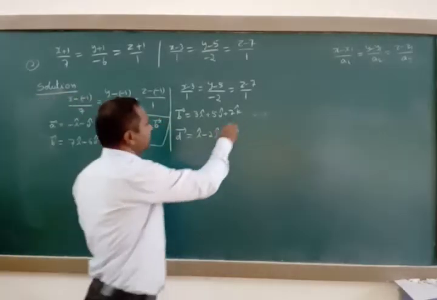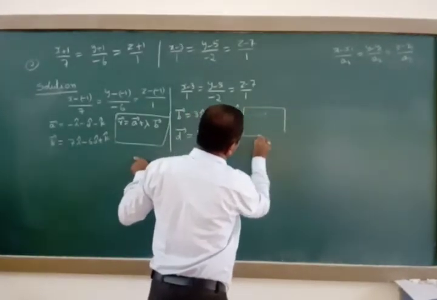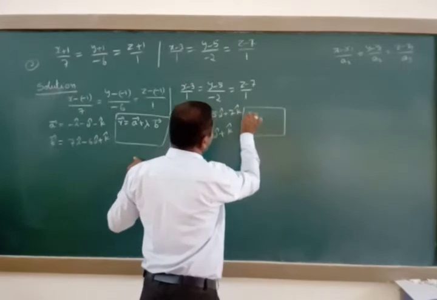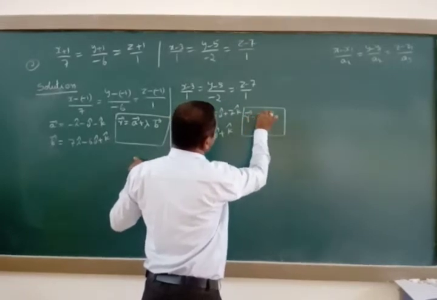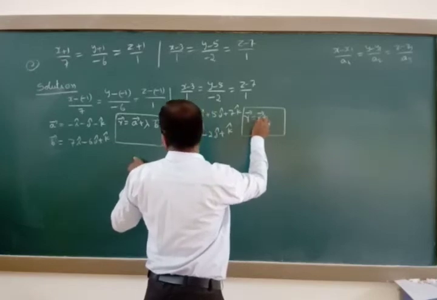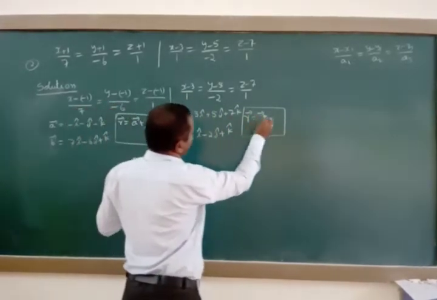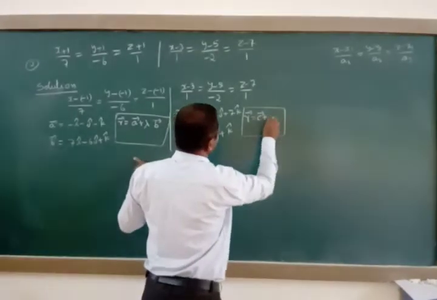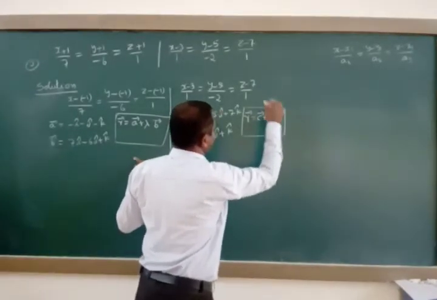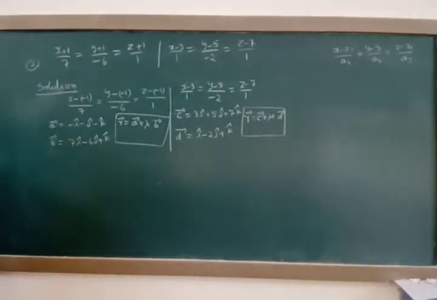The other is in the form of r vector equal to c vector plus mu into d vector.